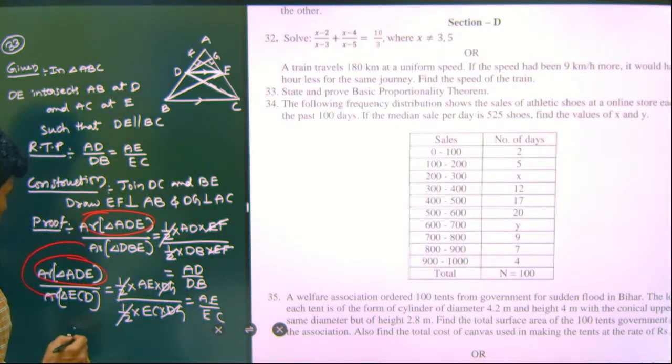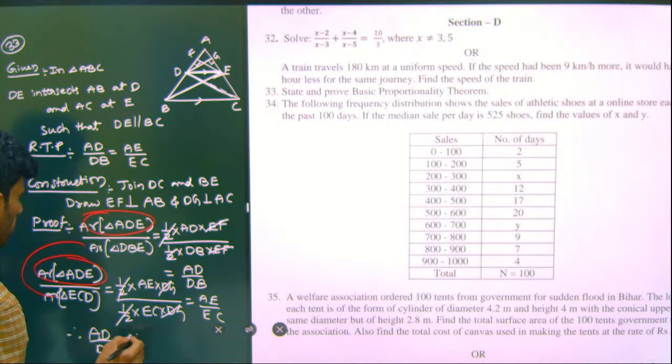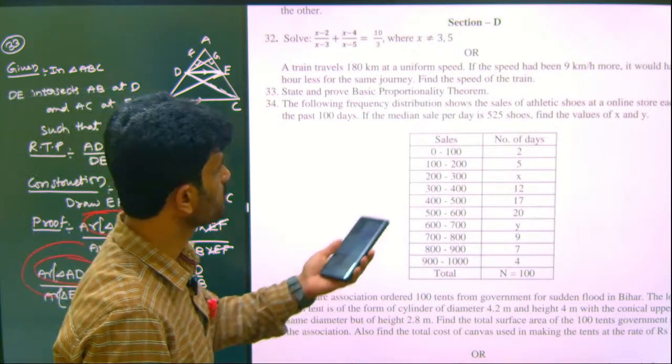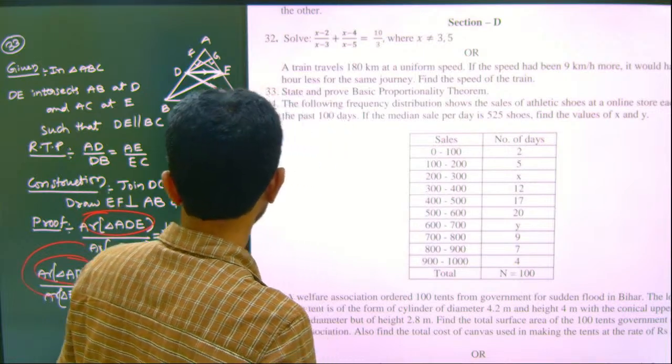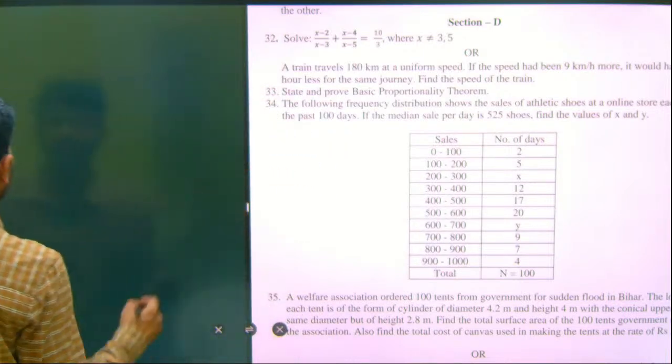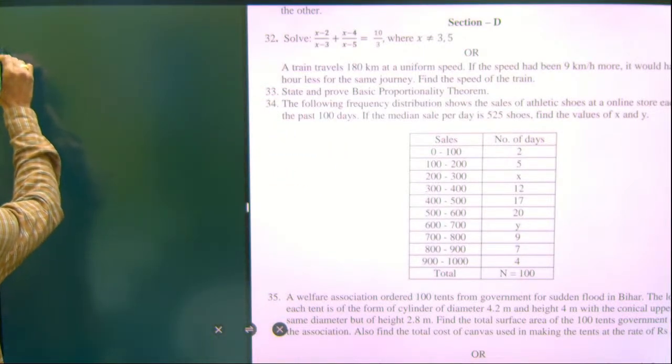That's why AD by DB is equal to AE by EC. Hence proved. This is the basic proportionality theorem proof, which is for 5 marks. Sometimes one more question will be given in that, but it is not given here. You have to write just the statement and proof.